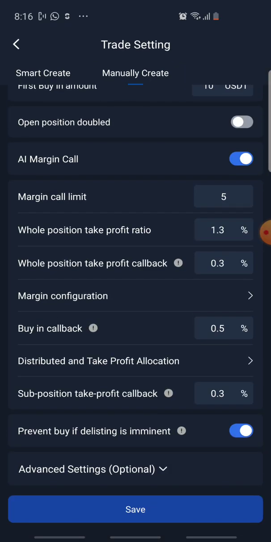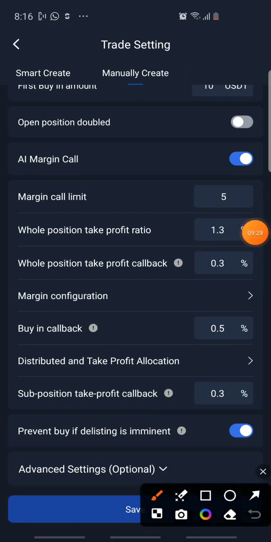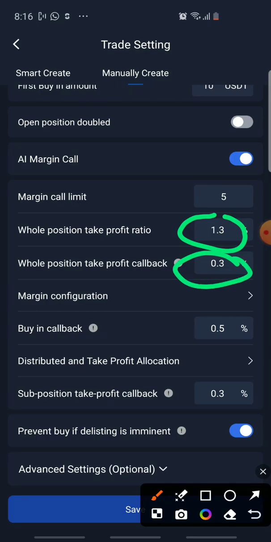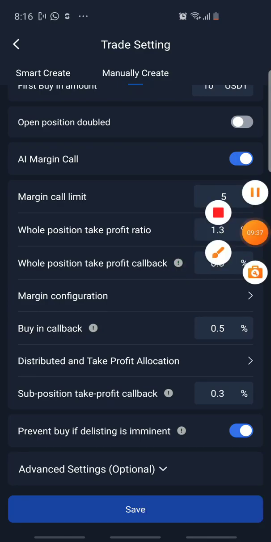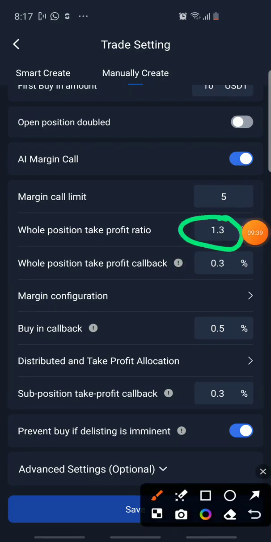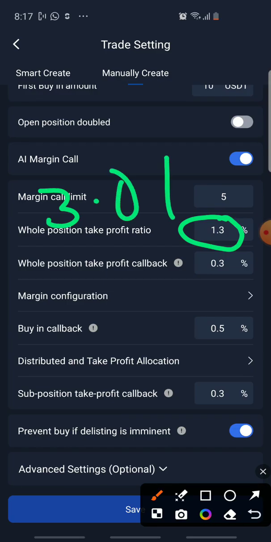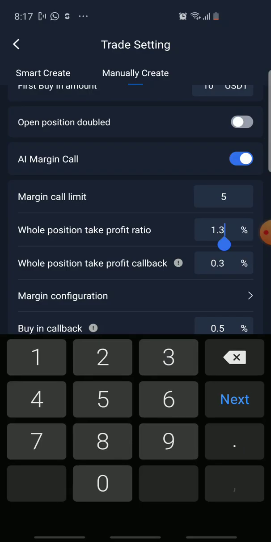Now we have the so-called whole position take profit ratio and the whole position take profit callback. The whole position take profit ratio is the percentage profit you want to take from the market. Let me say I want to take 3.01. I can come here, change the percentage and put 3.01.